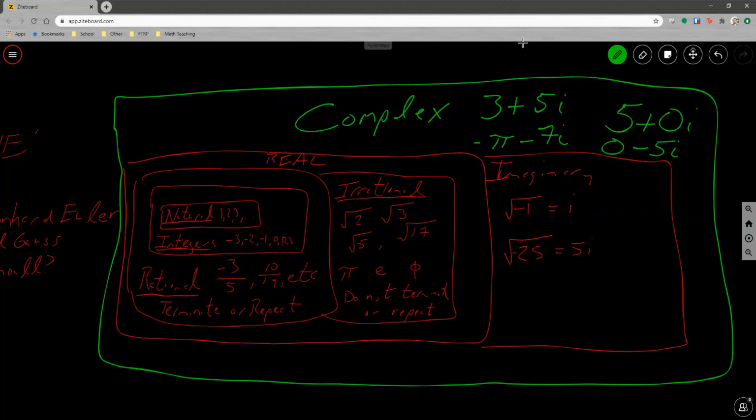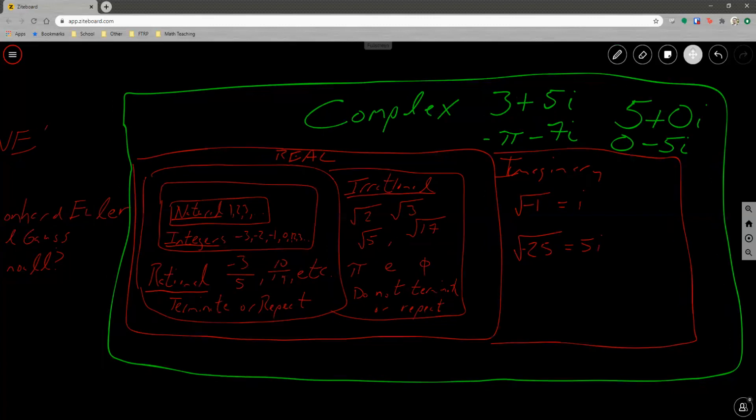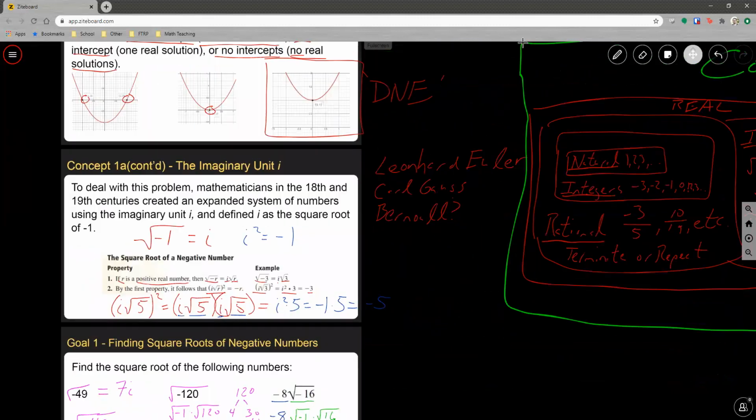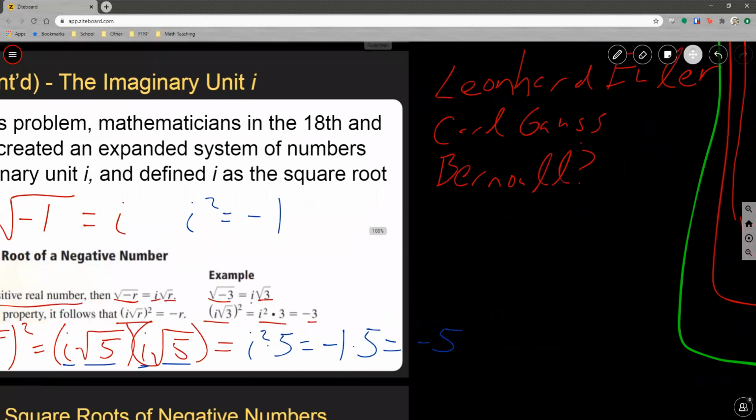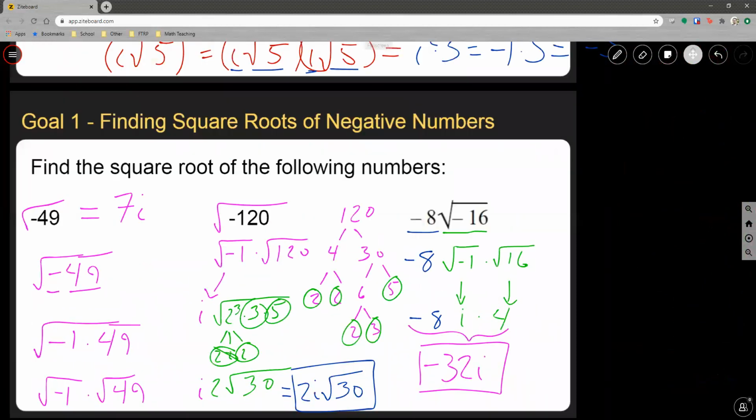So if any of you are interested in going into electrical engineering or wanting to become physicists, you'll deal a lot with complex numbers, especially in the classes that you're taking as you're working on your degree. Luckily, as a mathematician, I only had to take basic physics. I didn't have to mess with electricity too much. So this is a little bit beyond my scope as far as that goes, but that's kind of the reality of math as it's invented.